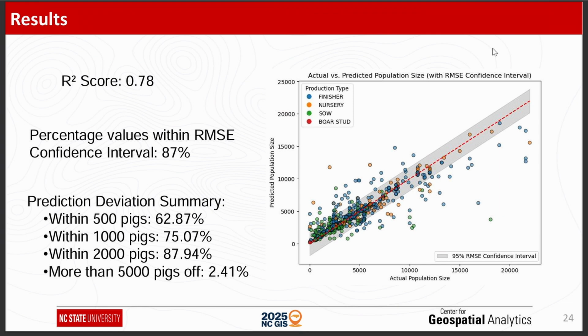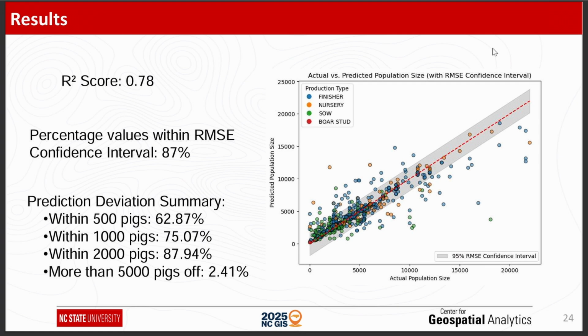So it's performing pretty well. It's only deviating as much as 2,000 pigs, which in the grand scheme of things is very little, talking about millions and millions of pigs in the United States. So we're pretty happy with the results, and only 2% fell outside that range of 5,000 pigs.